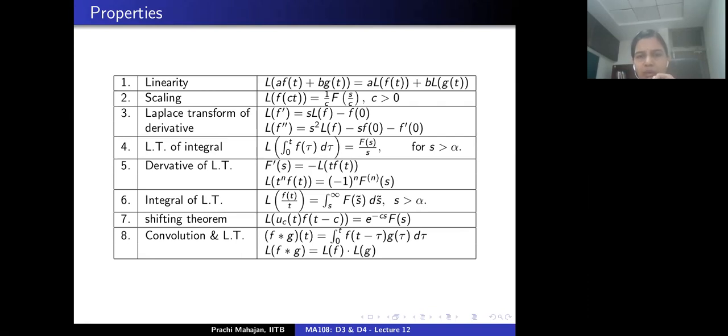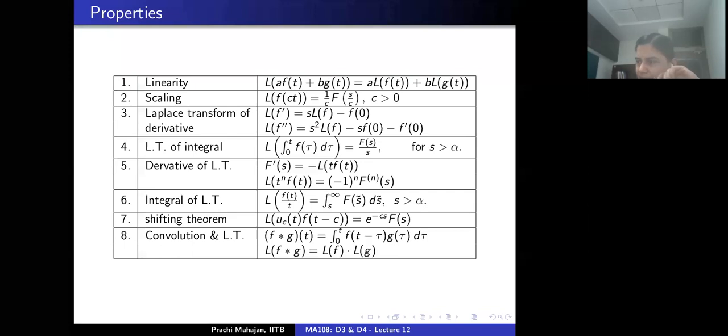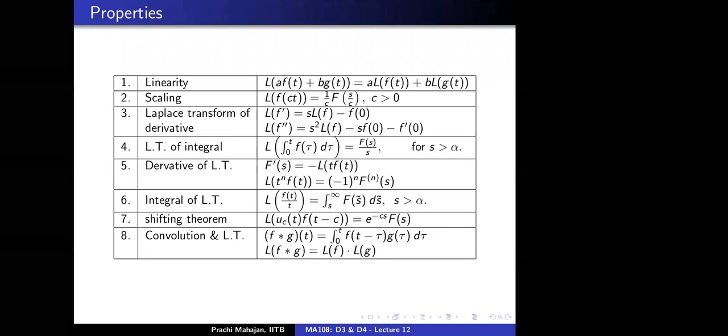We also figured out that the product of the Laplace transform of f with the Laplace transform of g may not be the Laplace transform of fg, but it is the Laplace transform of f convolved with g. I hope everybody is with me up to this point. Is that okay? I take this silence as a yes, unless somebody stops me.